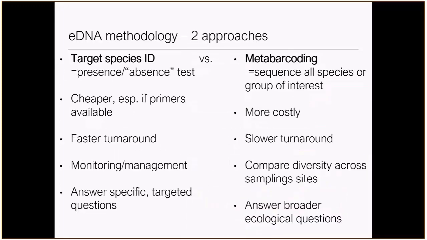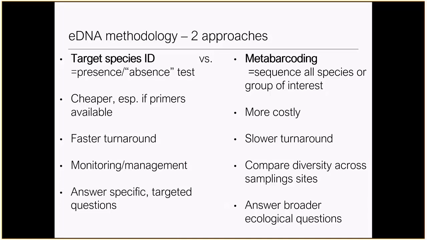So there are two main approaches that we could utilize if we're interested in doing an eDNA study, and they're going to depend on what kind of information you're seeking. The more basic, cheaper, faster way is if you have just a target species or maybe a group of target species you're interested in finding out if they're present or absent, so to speak, this is probably the best approach for you.